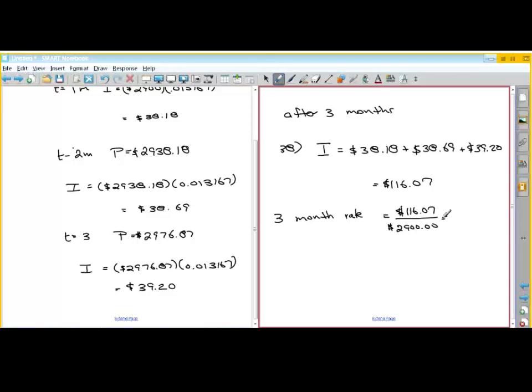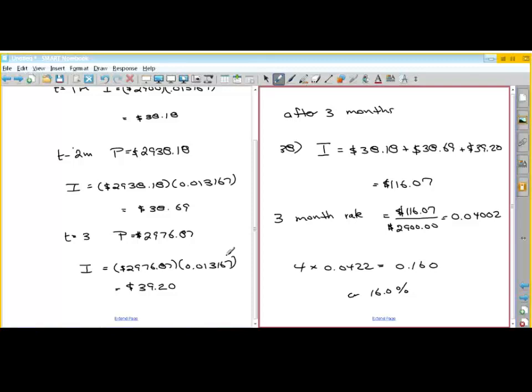So you take 116.07 divided by 2,900. So my 3-month rate is 0.04002. So I multiply that times 4 because 3 times 4 is 12 months. So you take 4 times 0.04002, and I get 0.160, or 16%.